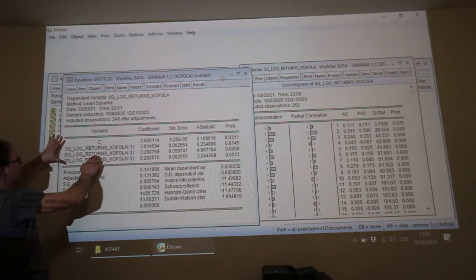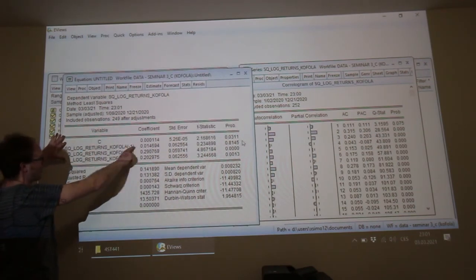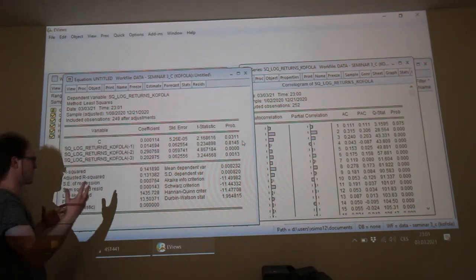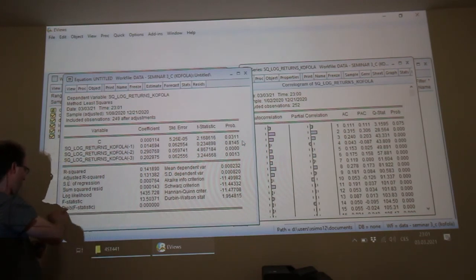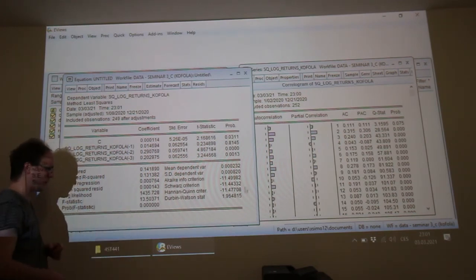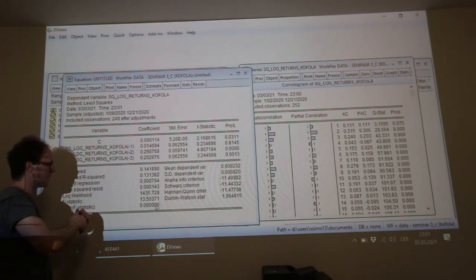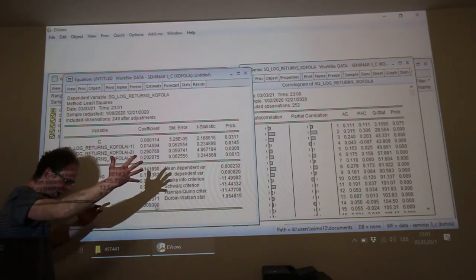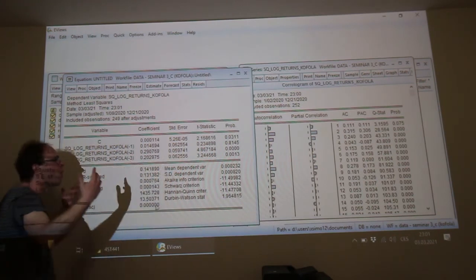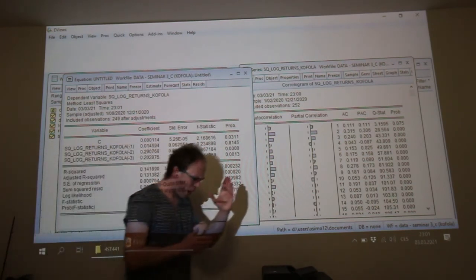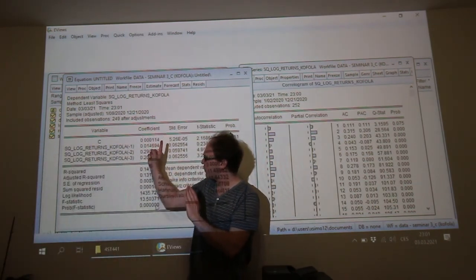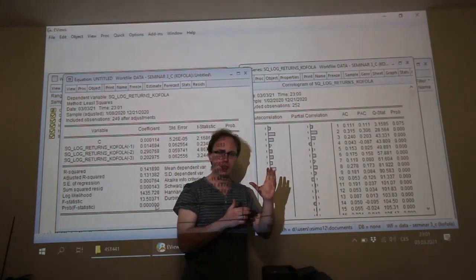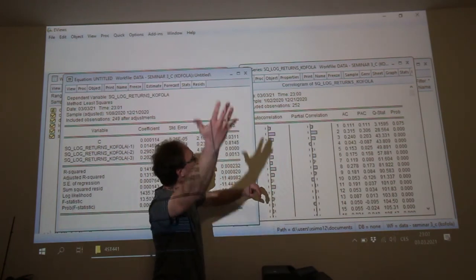Okay, you can see that there is a constant, squared log returns in first lag, second lag, third lag, and now there is zero p-value. So the zero hypothesis, there is no correlation, there is no dependence, is rejected on all levels of significance. So I showed you the modification of the Breusch-Godfrey test of dependence.